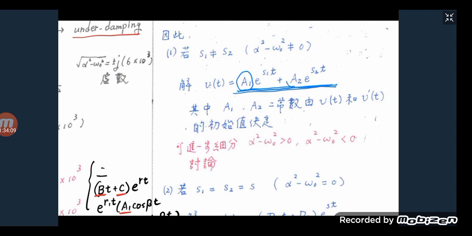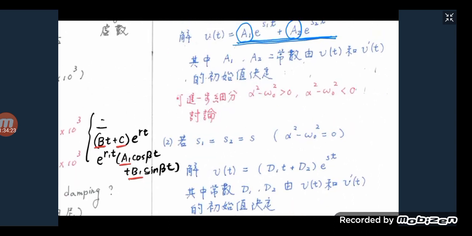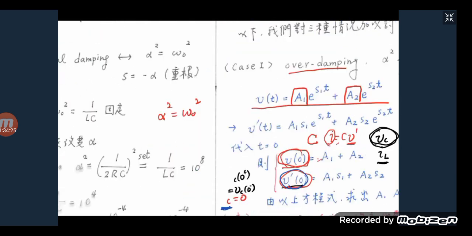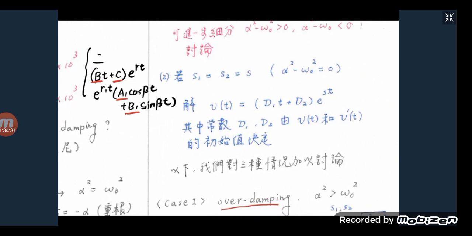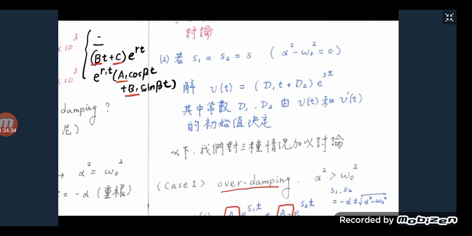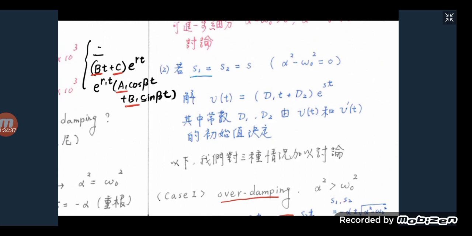But we have two free constants, a1 and a2, and the two constants have to be determined by two initial conditions, right? Two initial conditions. We discuss it later. We still double check the other two cases. Okay, if we have repeated roots, 如果我们重根的话, the solution is then this one. Any questions?